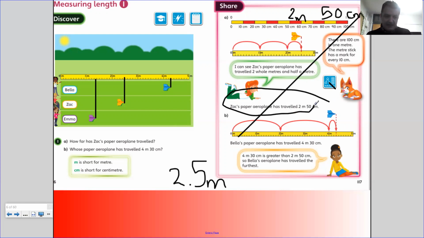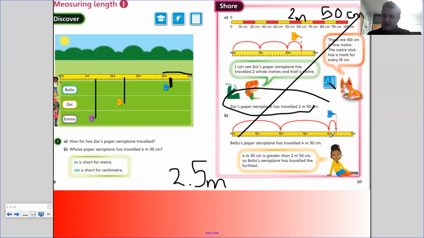Okay, Bella's plane. It looks like Bella's plane has gone the greatest distance, or the furthest. So if we measure from the point again, we've got between 4 and 5 meters. If I look, it's gone about 430.